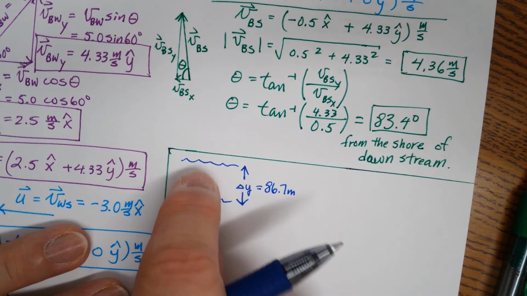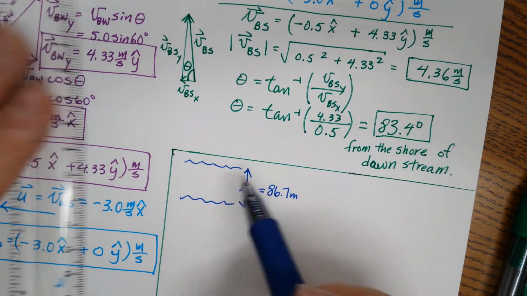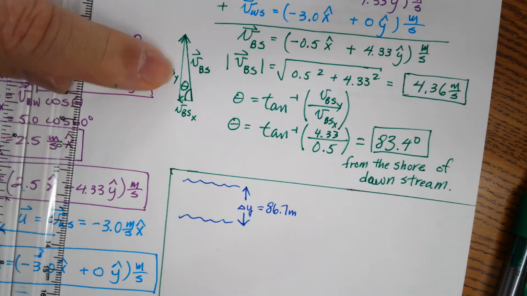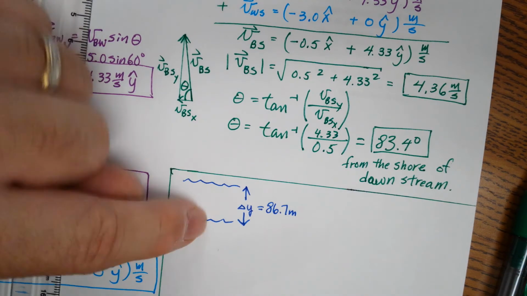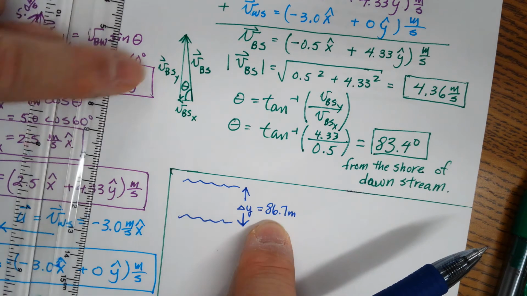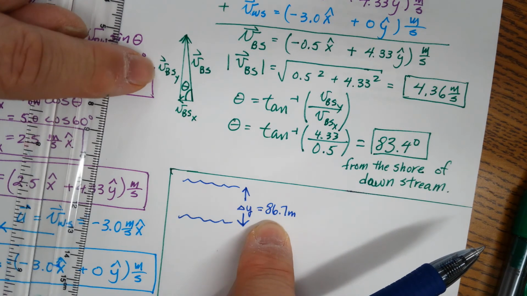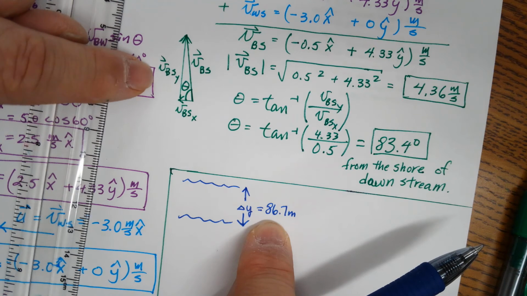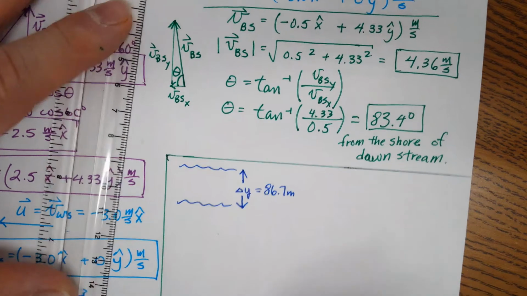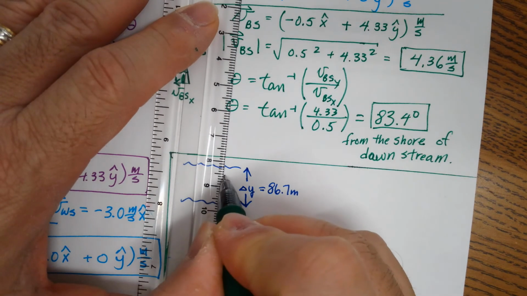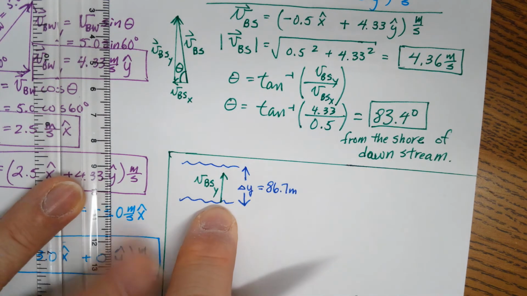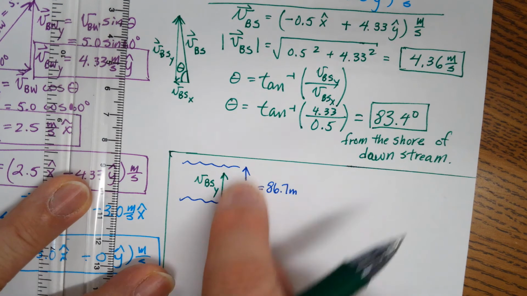Well, if you think about it, when you're crossing this, it is this VBSY that you're really concerned about, because you're only going this distance in the y direction with only this velocity. Does that make sense? Because we're only looking at the y direction, so we should only look at the y velocity, VBSY, because that's the velocity that's going in the y component.